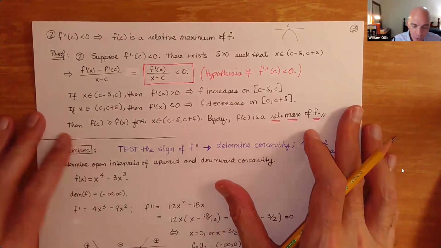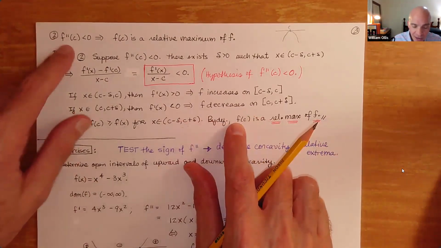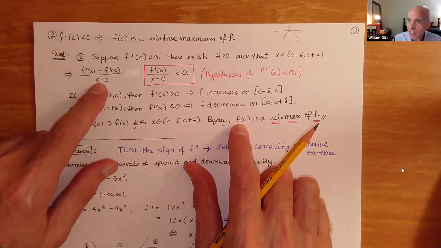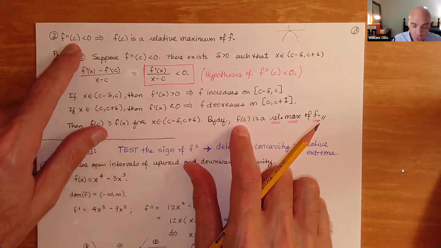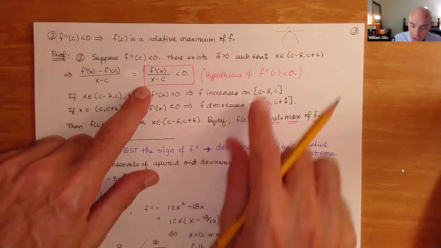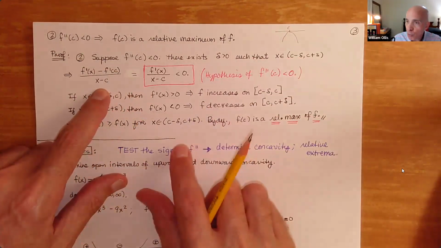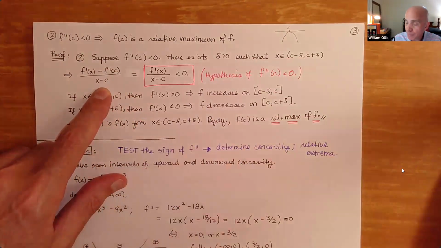Now, what I wanted to do here was just go through a very simple argument that would legitimize the second conclusion here. Of course, just like when we did the test for concavity, if we have a second derivative that is negative, then we can certainly have a delta neighborhood about c for which the difference quotient is less than 0, no different.